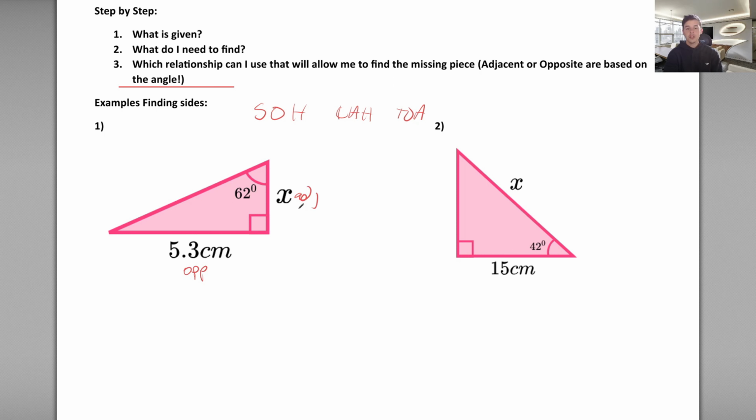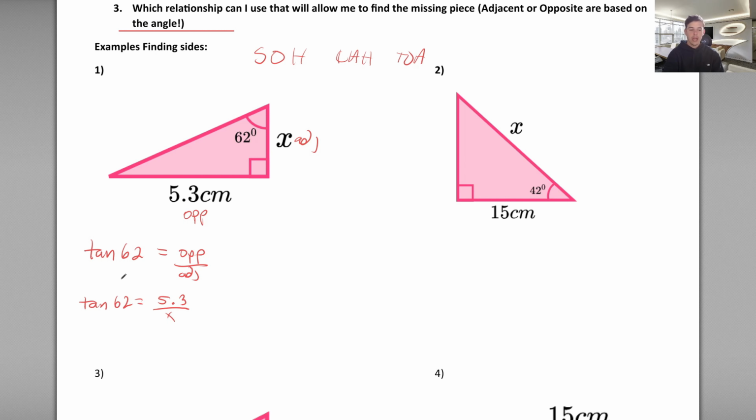Therefore, we know we need to use tangent because we're dealing with the opposite and the adjacent sides. So tangent of the angle, which is 62, equals opposite over adjacent. So the tangent of 62 equals 5.3 divided by x. So we know that we can multiply both sides by x and divide both sides by the tangent of 62.